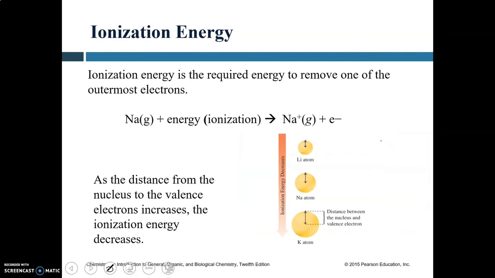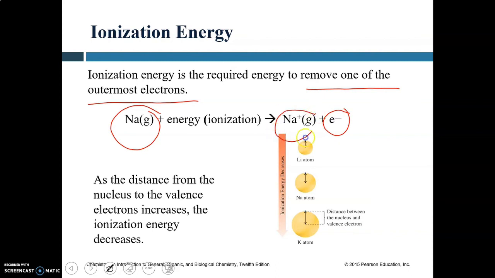An important concept that is associated with atomic size is the ionization energy, which is the energy that's needed to remove one of the outermost valence electrons. So for instance, if you apply ionization energy, whatever it is, to a sodium atom, you'll be able to snatch one electron from the sodium atom, creating a sodium ion.